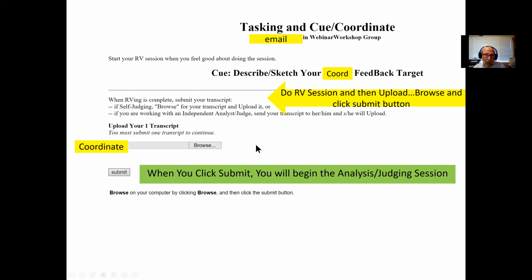So now it's time to get it in your computer and browse and find it. And then when you click submit, you will begin the analysis judging process.